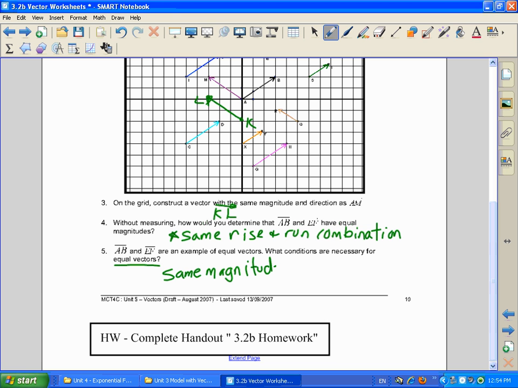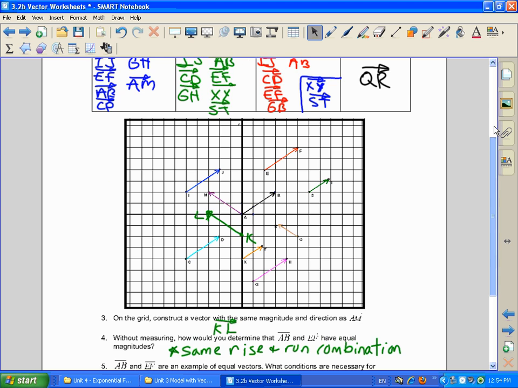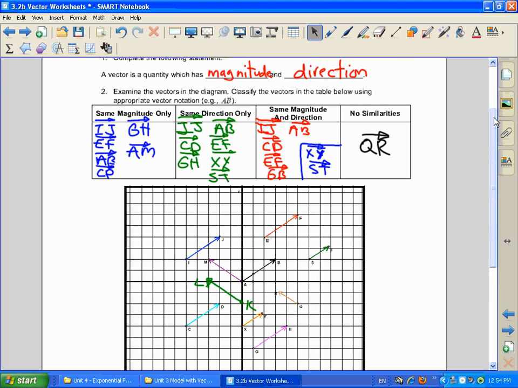But what makes it equal vectors is that it has to have the same direction as well. So same magnitude and same direction. So if we pop back up here, folks, all of these in this category of the red are a group of equal vectors, and this is a subgroup of equal vectors.